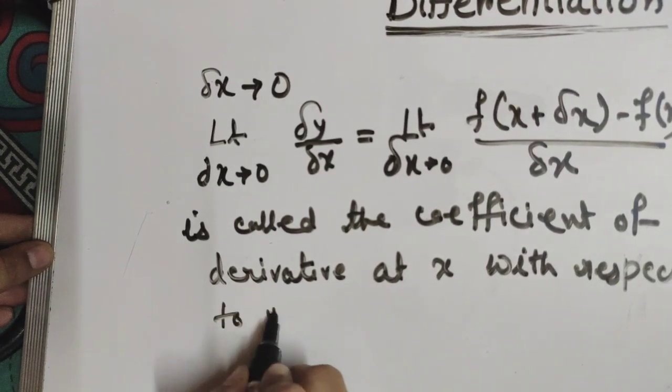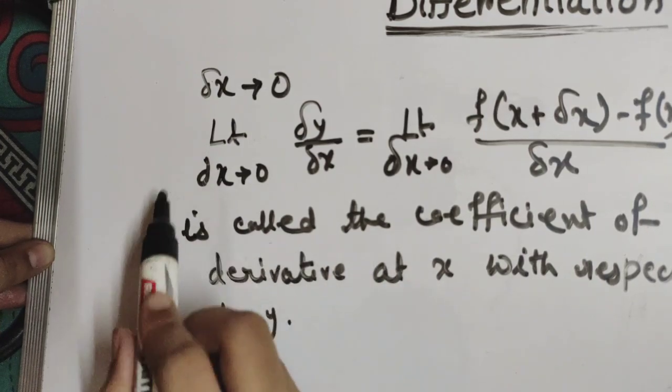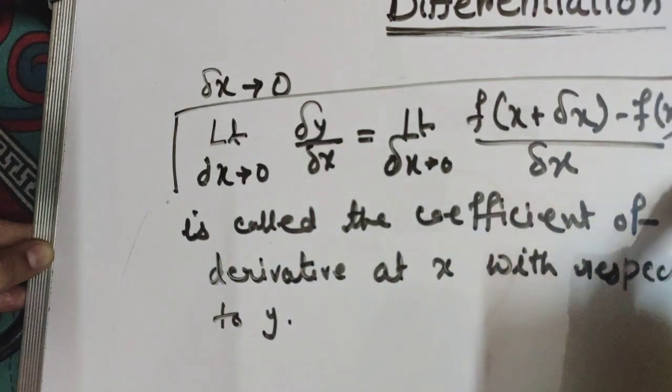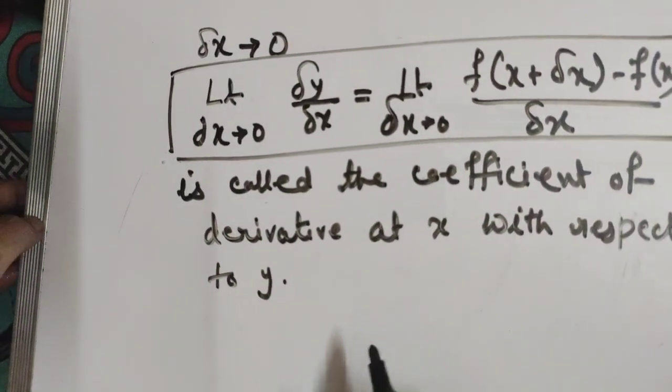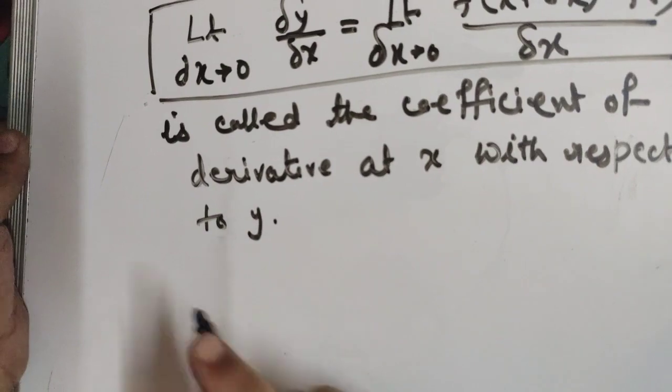This limit is called the coefficient of derivative at x with respect to y.